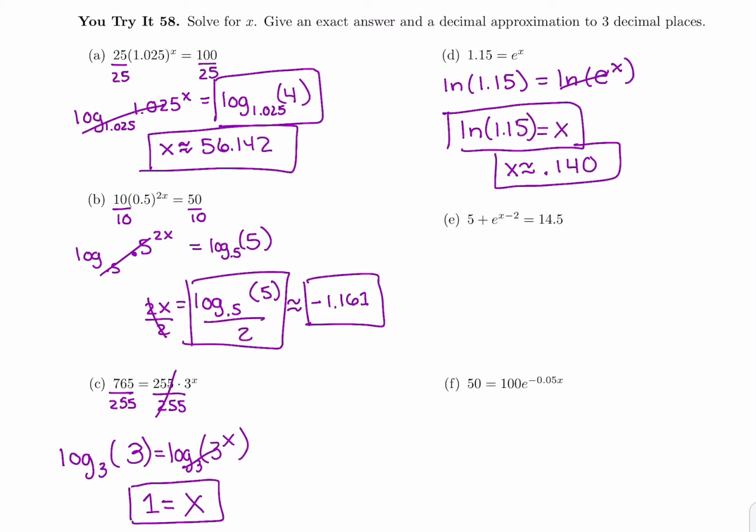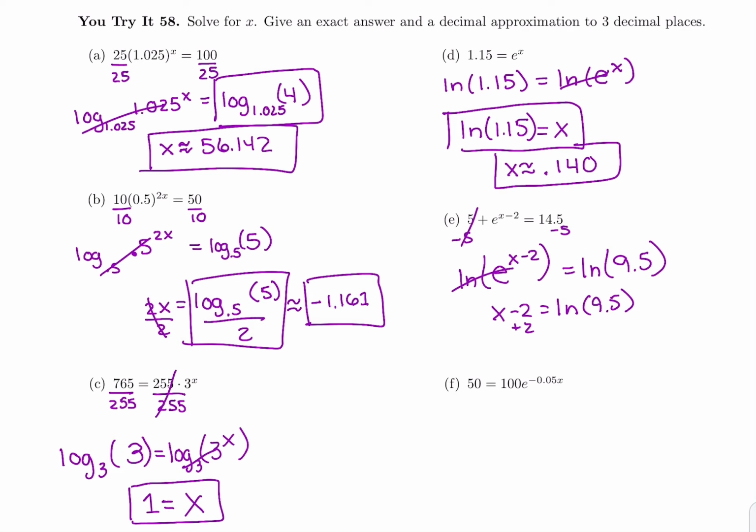Now we're going to do the same thing with the next one, except I have e to the x minus 2, and it's not on one side by itself. So I need to start by subtracting 5 from both sides. I get e to the x minus 2, I'm going to leave some space, equals 14.5 minus 5 is 9.5. I want to get rid of base e, so I'm going to take ln of both sides. And get x minus 2 equals ln of 9.5. I don't quite have x by itself.